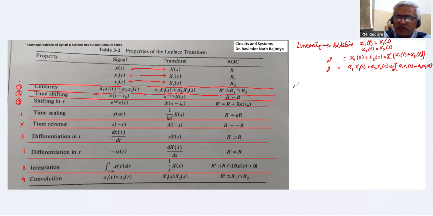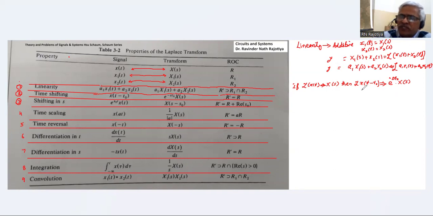So if the Laplace of x(t) gives you X(s), then if you shift it by some constant t0, its Laplace will be e to the power of minus s t0 times X(s), the Laplace of the unshifted signal multiplied by e to the power of minus s t0.